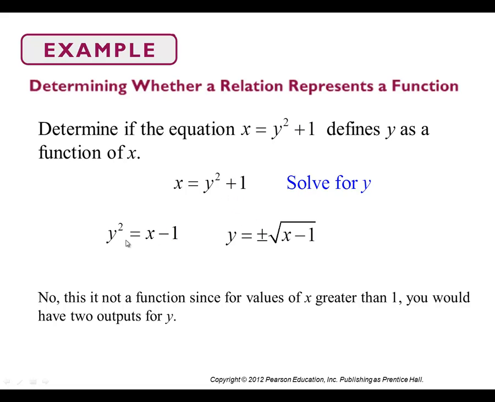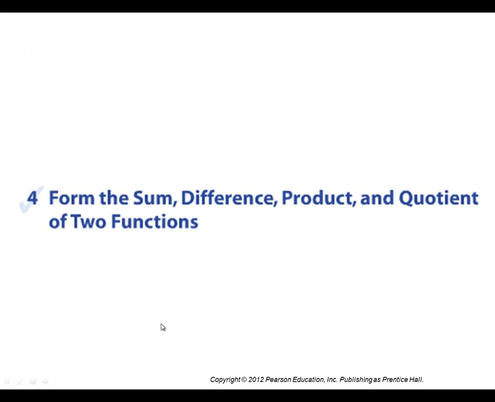Apply minus 1 to both sides, and then apply the square root to both sides. When you apply the square root, you have to have a plus or minus there. So not only are you going to have y positive, but you're going to have y as a negative. So there's actually 2 y values for each x. Since the values for x are greater than 1, you would have 2 outputs for y.